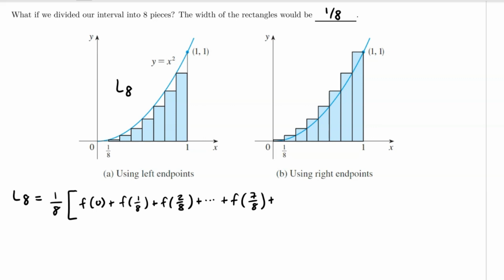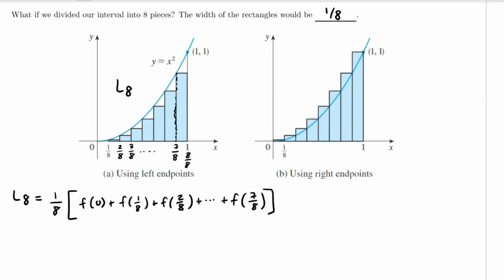Notice we have 2/8, 3/8, dot dot dot. 1 is equal to 8/8, and the x value before that would be 7/8. That's the last height that I'm using for one of my rectangles, so I don't want to add anything else, and f of 7/8 is going to be my last height.